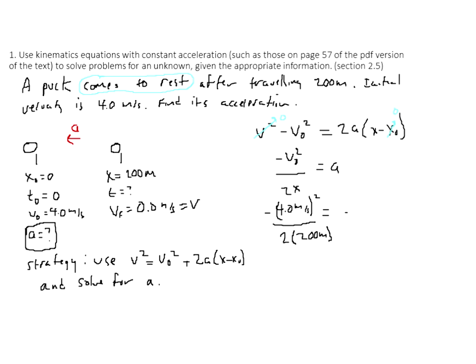And look at the numbers here. We get negative 0.004 meters per second squared. Oopsie, sorry, I read my value wrong. We actually just get 0.04. So that is the acceleration.